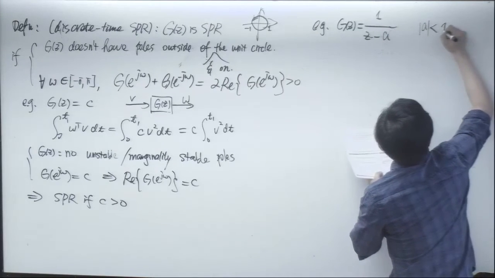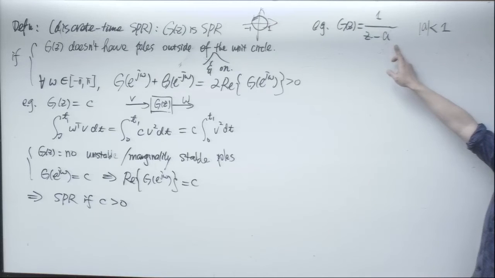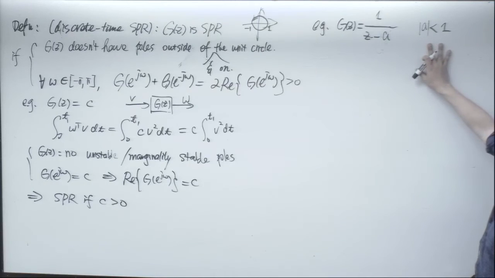In the general case, actually, let's check this first order discrete time system. If A is 1, then this is a discrete time system similar to the integration process. Let's consider the case where the absolute value of A is less than 1.